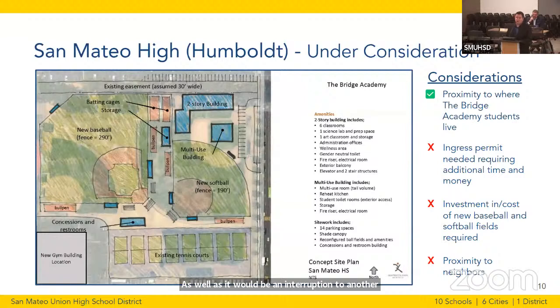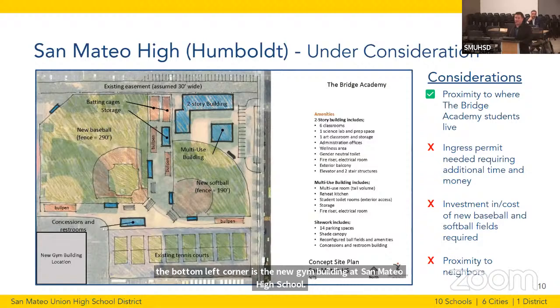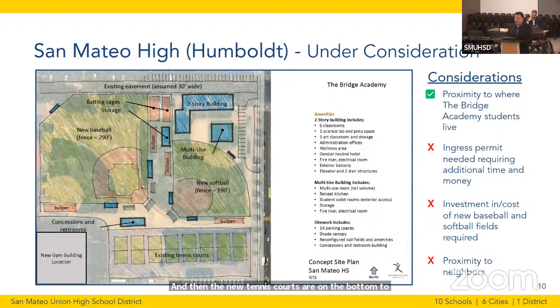The next two items, just to kind of put you where we are, the bottom left corner is the new gym building at San Mateo High School, the auxiliary gym. And then the new tennis courts are on the bottom to the right, and to the right is Humboldt. So these are two options that use the same basic space, by redesigning the softball and the baseball fields.